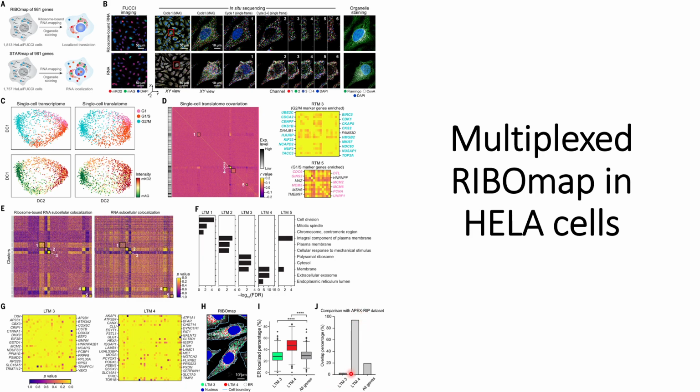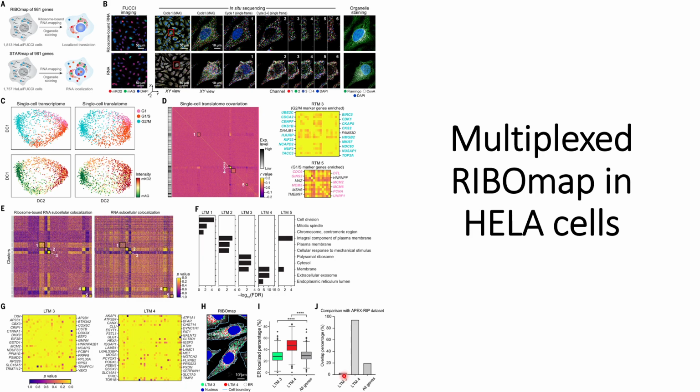In this they can identify that all genes overlap around 20%, whereas LTM4 overlaps to a very great extent, around 90%, whereas LTM3 overlaps very little, around 3 to 4%.